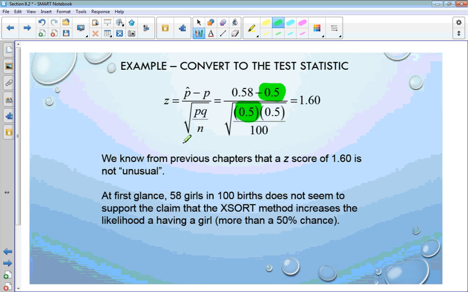Well, we already know that a Z of 1.60 is not unusual. At first glance, 58 girls does not seem to support the claim that the XSORT method increases the likelihood of having a girl by more than 50%, because it's really not that high. It's really in the usual category.